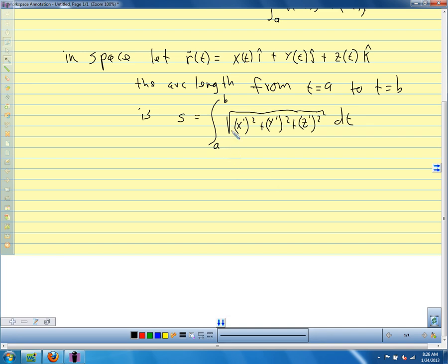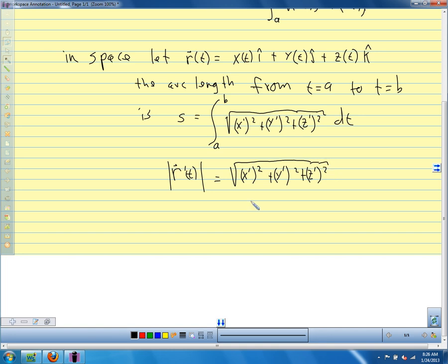Well, what is another way of writing this radical, the square root of x prime squared plus y prime squared plus z prime squared? This is the magnitude of r prime. So the magnitude of r prime of t equals this radical.